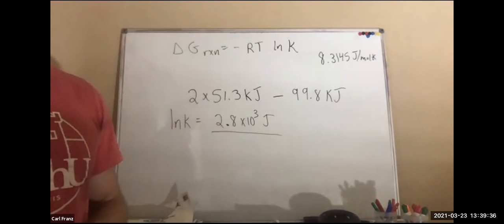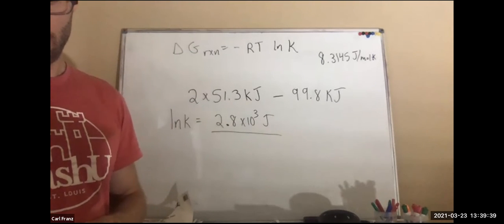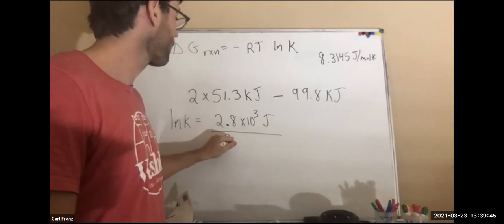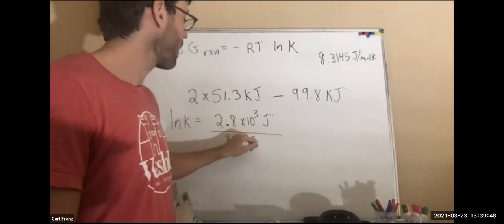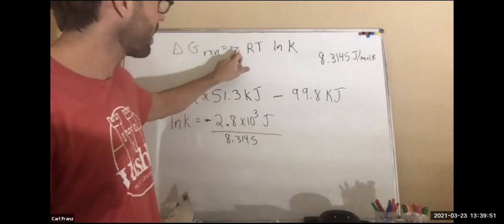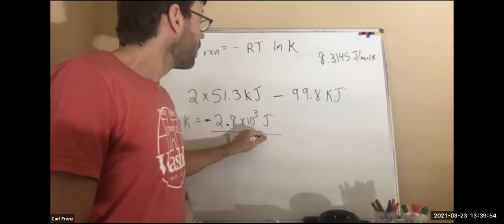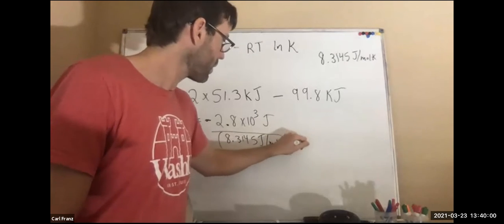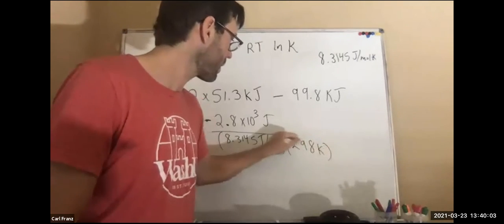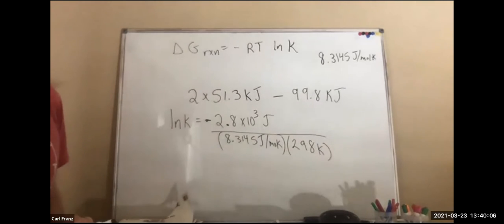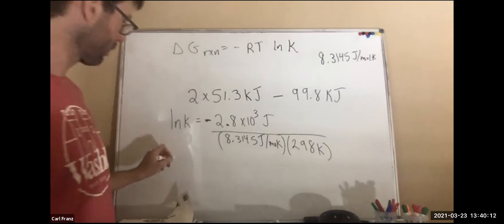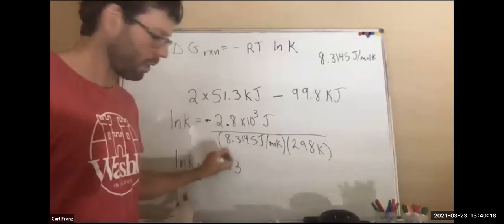Divided by what? 8.3145, oh, this would be negative, right? We got this negative sign here. Joules per mole K. And then there's a 298 K, that's what they said. What do we get for that? Negative 1.13.